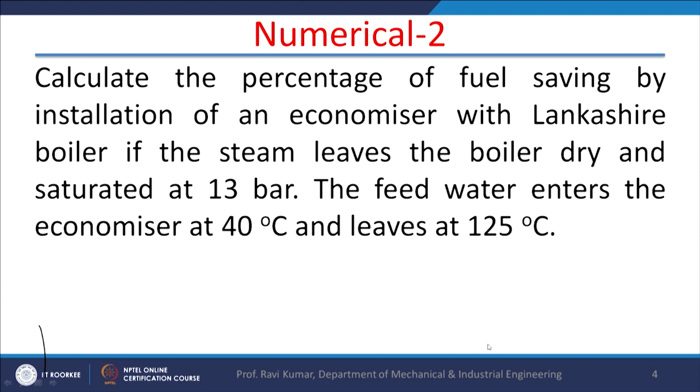So now in this case, I have given you the values, and this numerical you can solve by yourself, right. First of all, calculate the enthalpy initially without the economizer. So first calculate the enthalpy of saturated vapor at 13 bar.